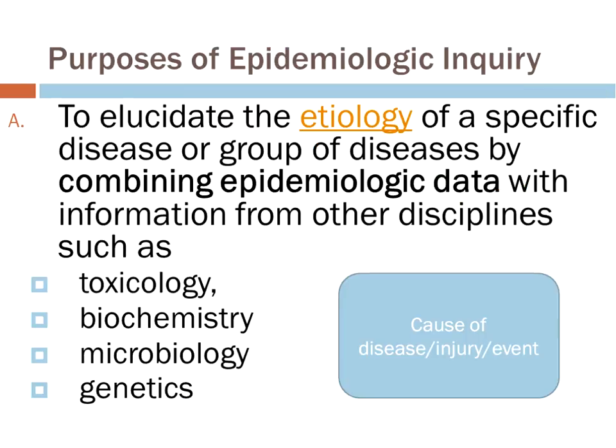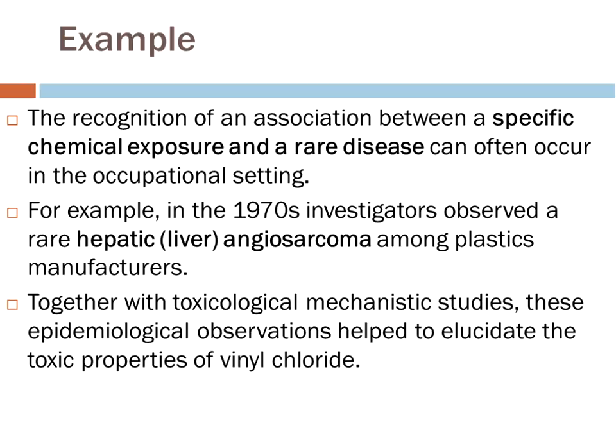Sorry. Rewind. It is to look at the etiology of a specific disease, and that's where we're combining events together. So we combine epidemiological data with other data. An example of that was the recognition of a very rare type of liver disorder that was found amongst plastic manufacturers.